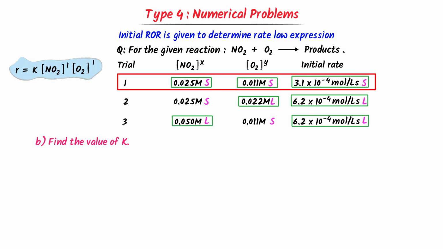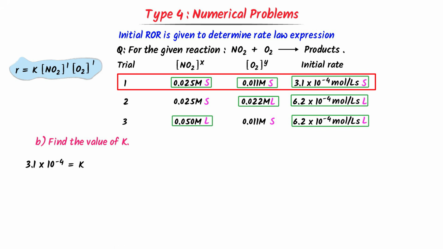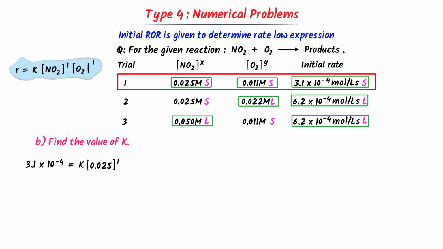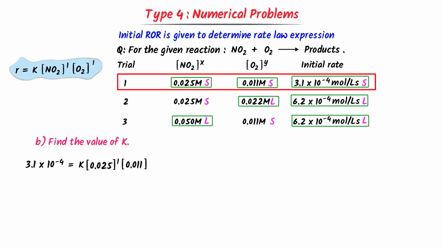I write the rate of reaction 3.1 equals K, the concentration of NO2, which is 0.025 and its power is x, and the concentration of O2, which is 0.001 and its power is y. After calculation, I get K is equal to 11.27. Thus, the value of rate constant K is 11.27.